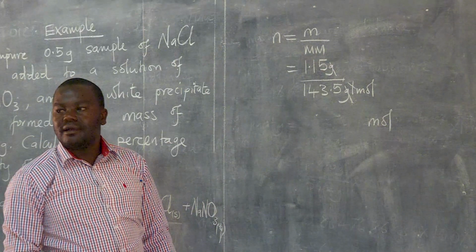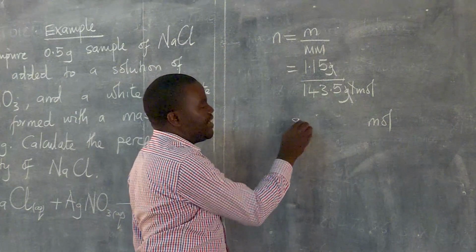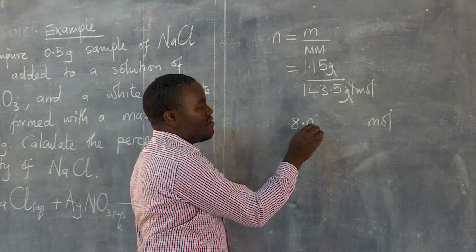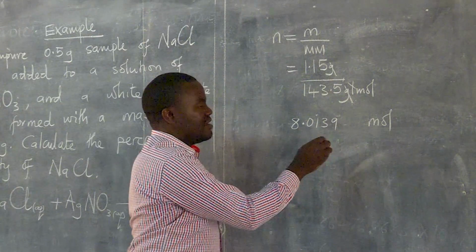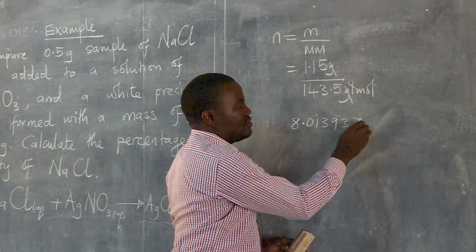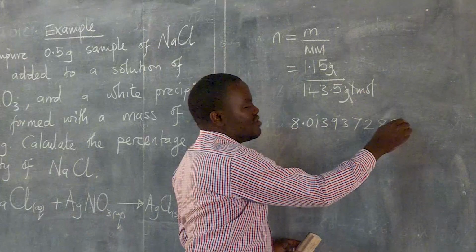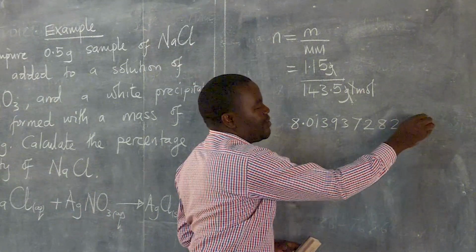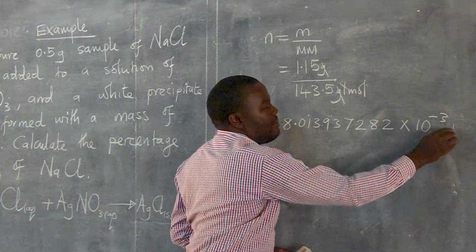This is 8.01 multiplied by 10 to the power negative 3 moles.